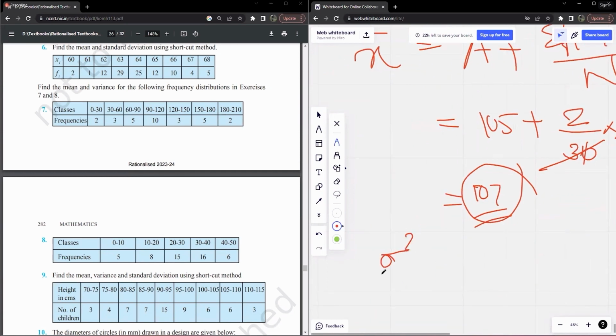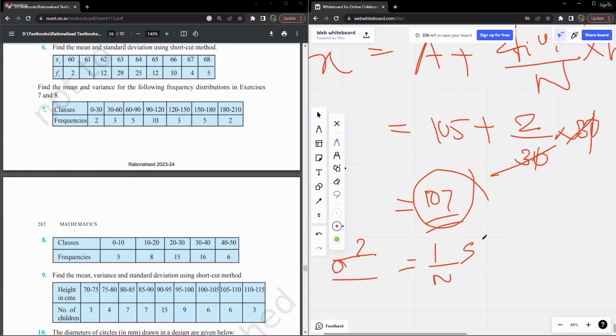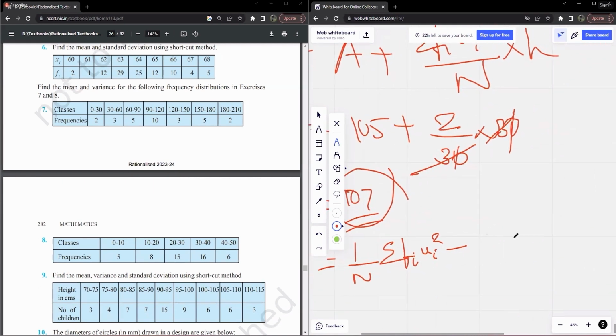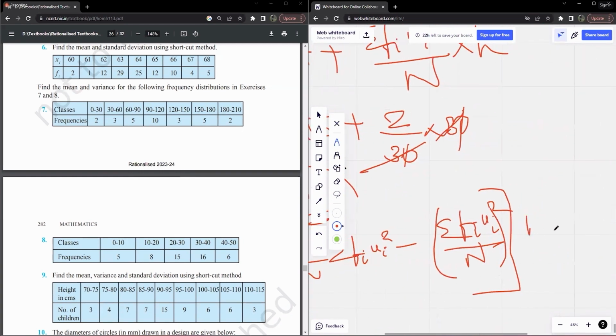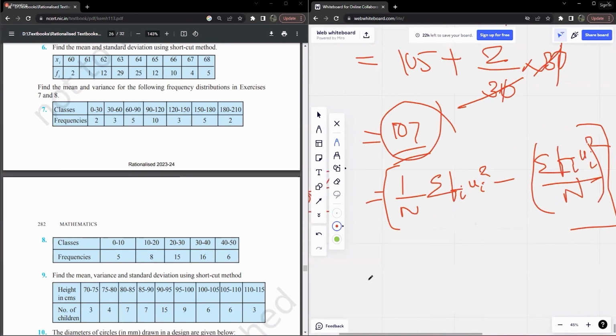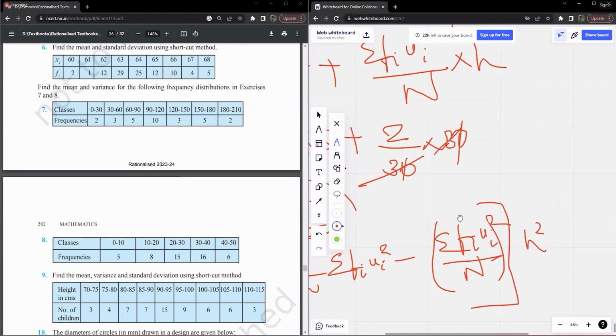That means the variance is then going to be 1 by n times sigma of fi ui squared, minus sigma of fi ui divided by n, the whole square, the whole into class width square, which is equal to 1 by 30 times sigma fi ui squared is 76.